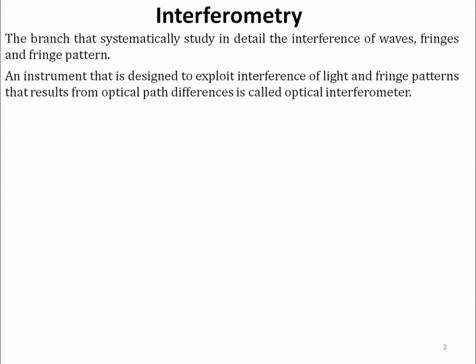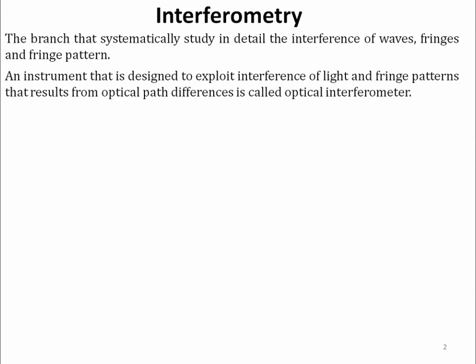Basically, in an interferometer, we start with a light beam and split it to make it travel along different paths, and those beams are then collected back in a single region where the interference of those beams is studied. Depending upon the history of the path along which they have traveled, they will have different path differences, and accordingly they can lead to interference effects. So that is the job of an interferometer.